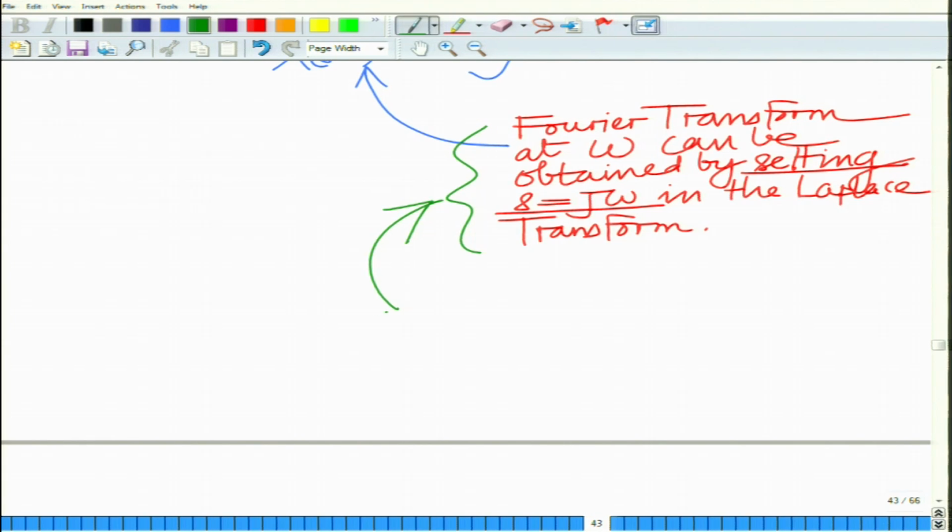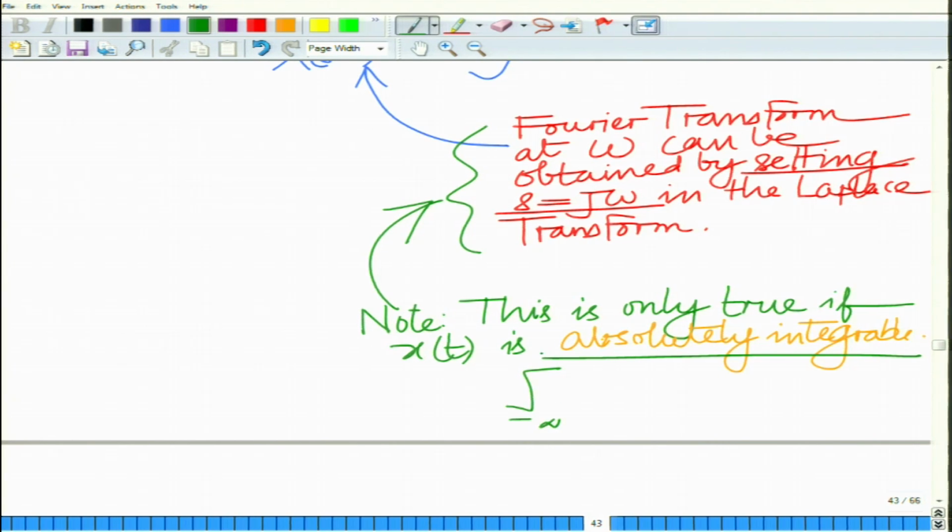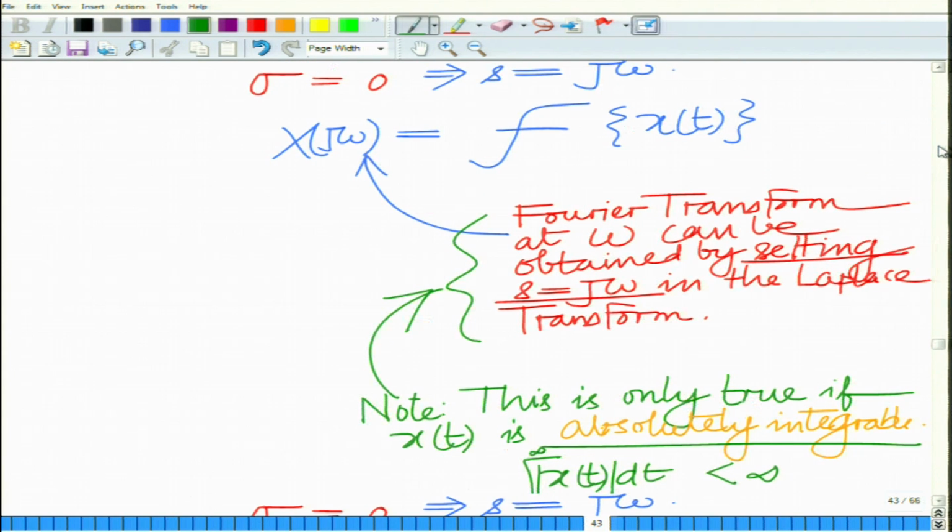Caution, note, this is only true if the signal x(t) is absolutely integrable, that is, the integral from minus infinity to infinity of the magnitude of x(t) dt is less than infinity.